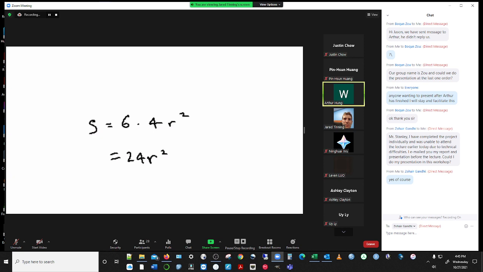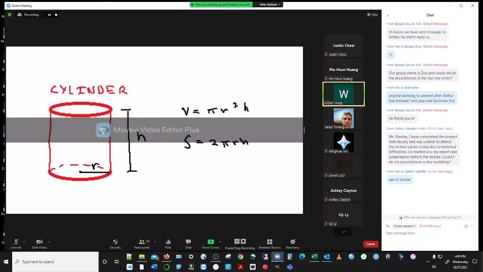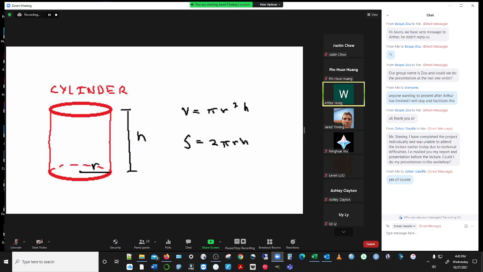Just to be safe though, let's try another shape. How about a cylinder with radius r and height h? We know that the volume is pi r squared h, and that the lateral surface area is 2 pi r h, lateral surface area being the curved surface area between the two circles.